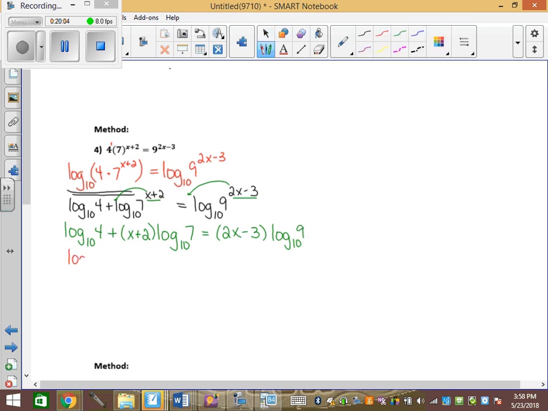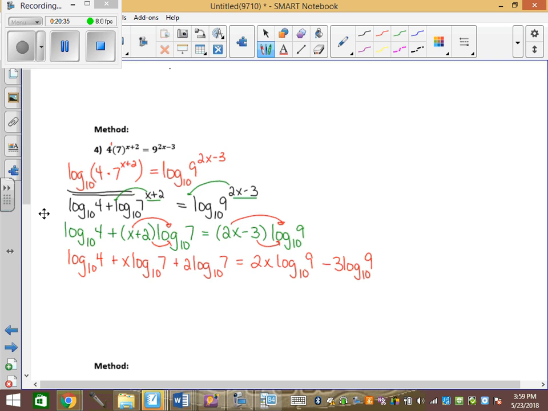So I'm going to get log base 10 of 4 plus x log base 10 of 7 plus 2 log base 10 of 7 equals 2x log base 10 of 9 minus 3 log base 10 of 9. Our next step is to get all the x's on one side and everything else to the other.